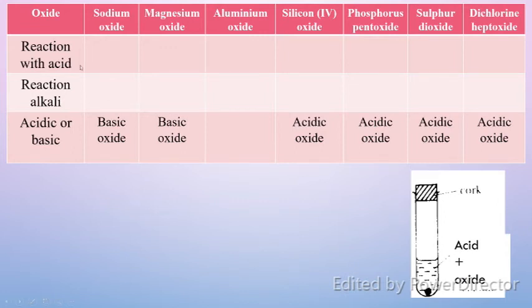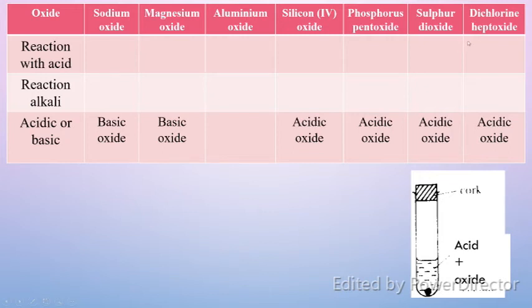Next, we focus on the oxide of the element in period 3. So we have sodium oxide, magnesium oxide, aluminum oxide, silicon oxide, phosphorus pentoxide, sulfur dioxide, and dichlorine heptoxide. Now maybe some of you will ask, hey teacher, where is the oxide of element argon?